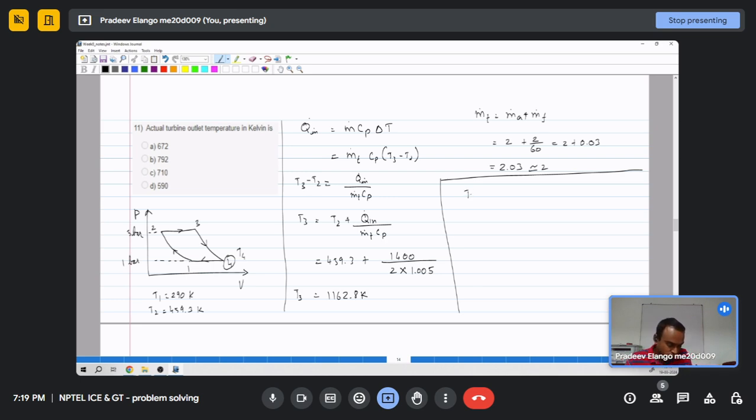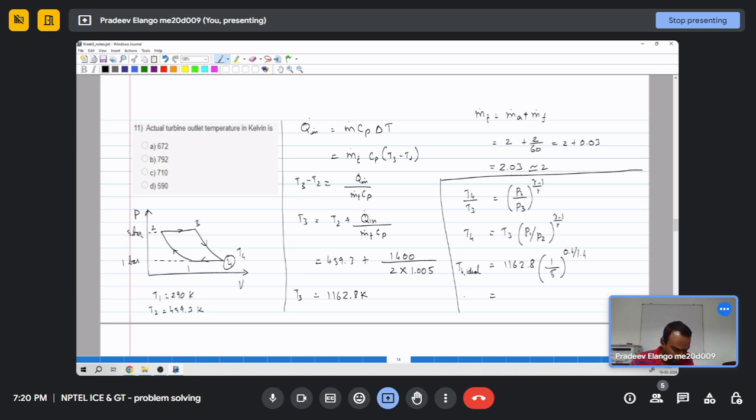Now, T4 by T3 is equal to P4 by P3 power gamma minus 1 by gamma, and T4 is equal to T3 into, so P4 by P3 is also P1 by P2. T3 is 1162.8. I write this as T4 ideal, 0.8, and this is 1 by 5 power 0.4 by 1.4.